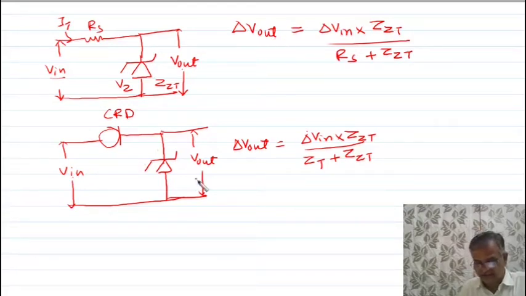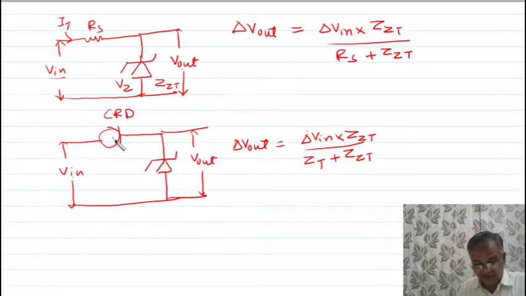But in this circuit with the CRD, ZT is the impedance of the CRD, and we know the impedance of the CRD is of the order of mega ohms. As a result, the change in output voltage will be very less. So you get this one advantage. Even if the input is changing, the change in output voltage is very less.